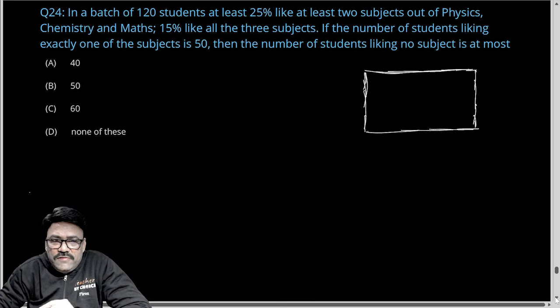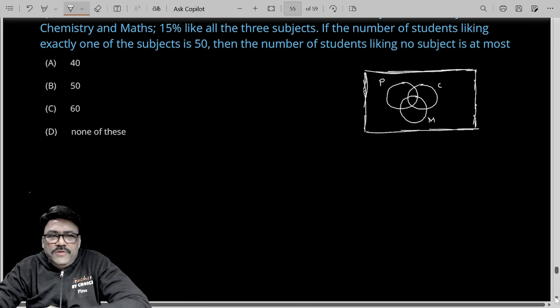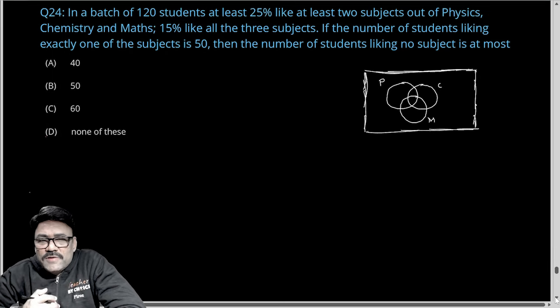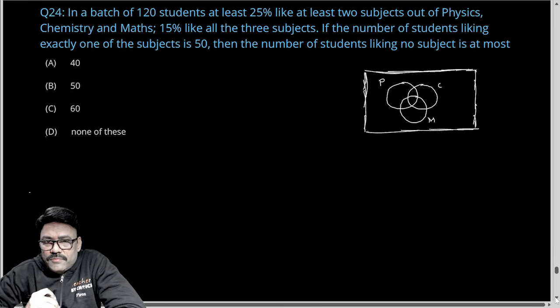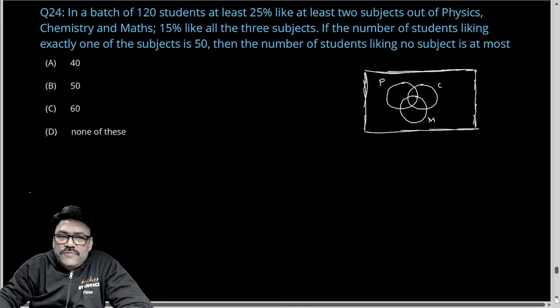Now we are taking three sets: physics, chemistry, and maths. Let's say this is physics, this is chemistry, and this one is maths. They are saying that 15% like all three subjects. So all three is 15% of 120.